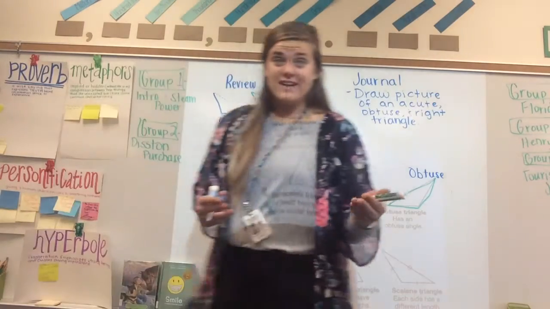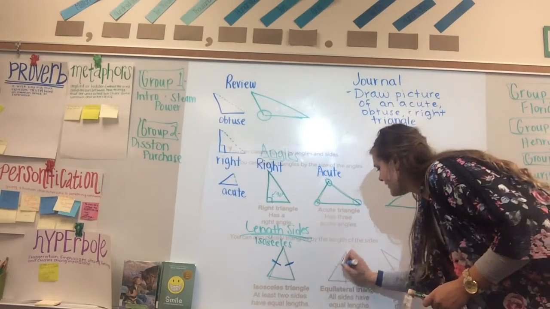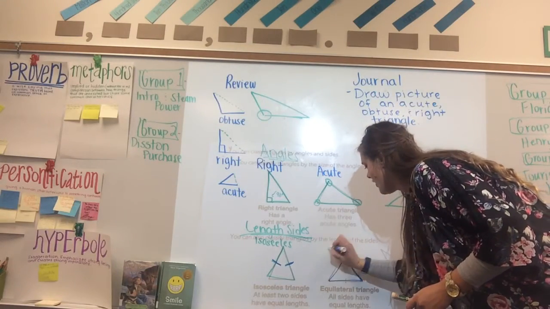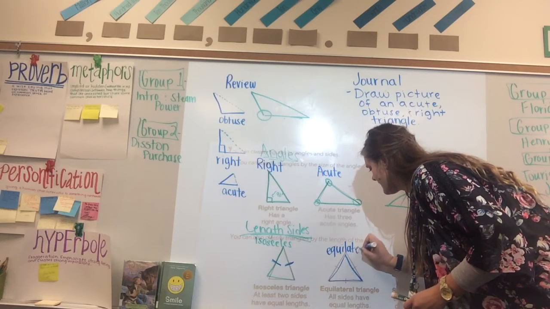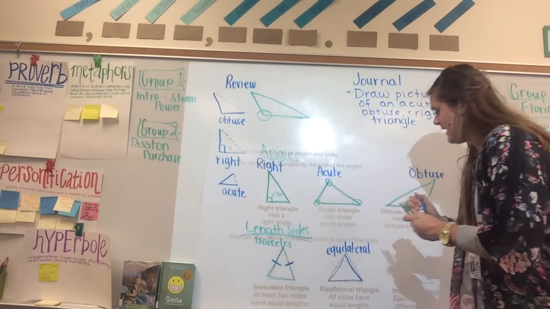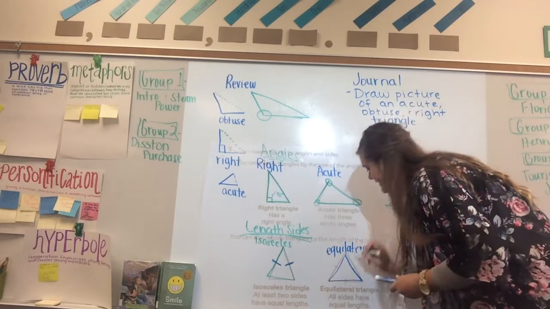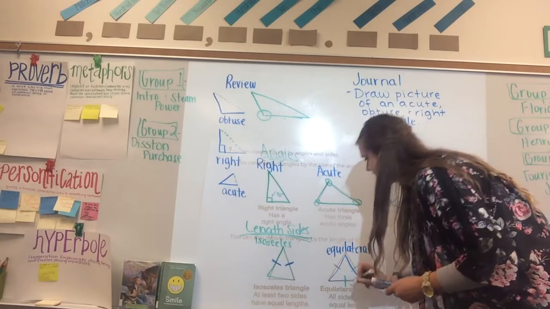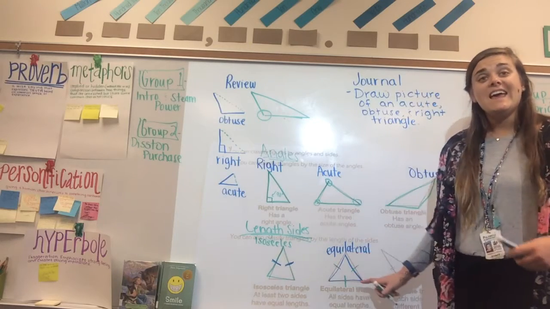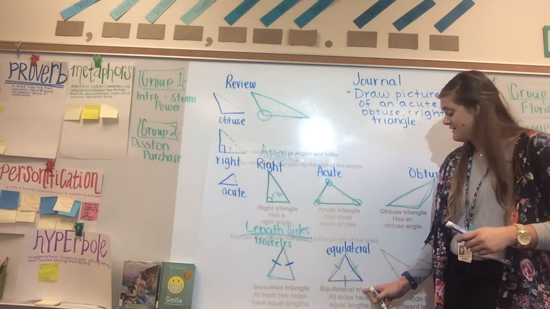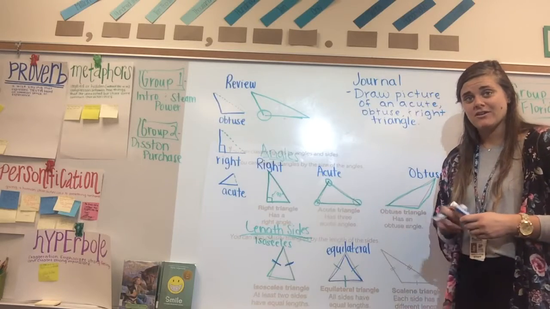Now, if all of the sides are equal, like on this triangle, it is called an equilateral triangle, and it has that word equal in it, so that's easy to remember. And again, that is shown by these dashes here. So if two sides are the same, it's an isosceles triangle. If all three sides are the same, it's called an equilateral triangle.